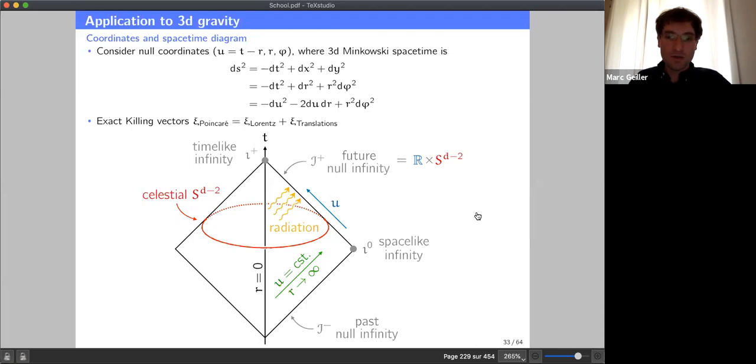Okay, so this was just to set up a bit what a space-time diagram can look like in these coordinates. Essentially, we're interested in extracting information which reaches future null infinity, because this is eventually where radiation will reach us. This is why we're interested in families of spacetimes which are asymptotically flat, in the sense that at future null infinity, when r goes to infinity, we recover something which looks like Minkowski spacetime.